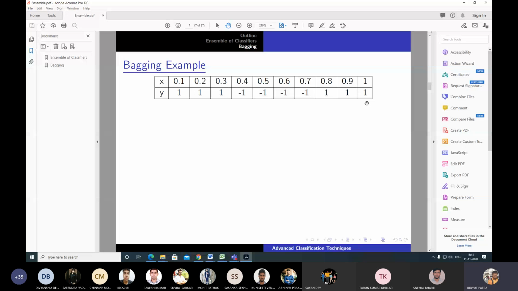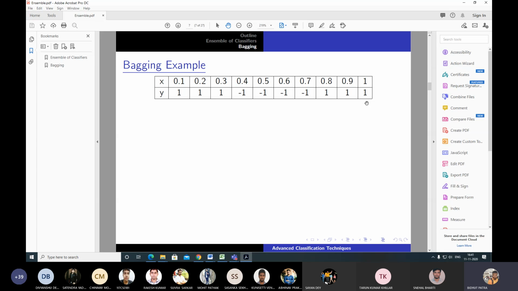Now in this example, you cannot find a single decision stump which can rightly classify each instance. That means there are 10 objects and you cannot find a single decision stump which can identify all training objects rightly. This is like the XOR problem.